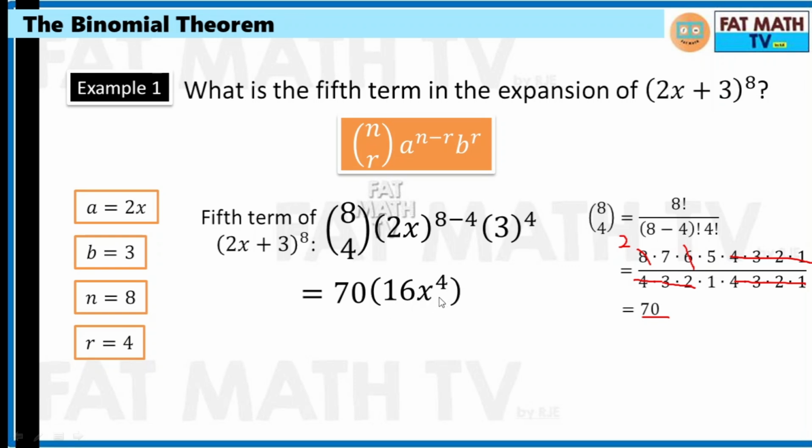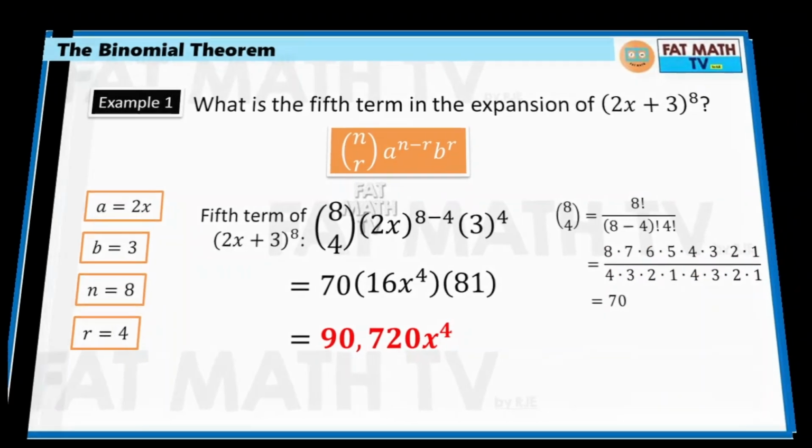Then 3 raised to 4 is 3 times 3 times 3 times 3, that is 81. Simplifying this, we multiply 70 times 16 times 81, and you will get 90,720. Copy x raised to 4. So the fifth term in the expansion of (2x + 3)^8 is 90,720x^4.